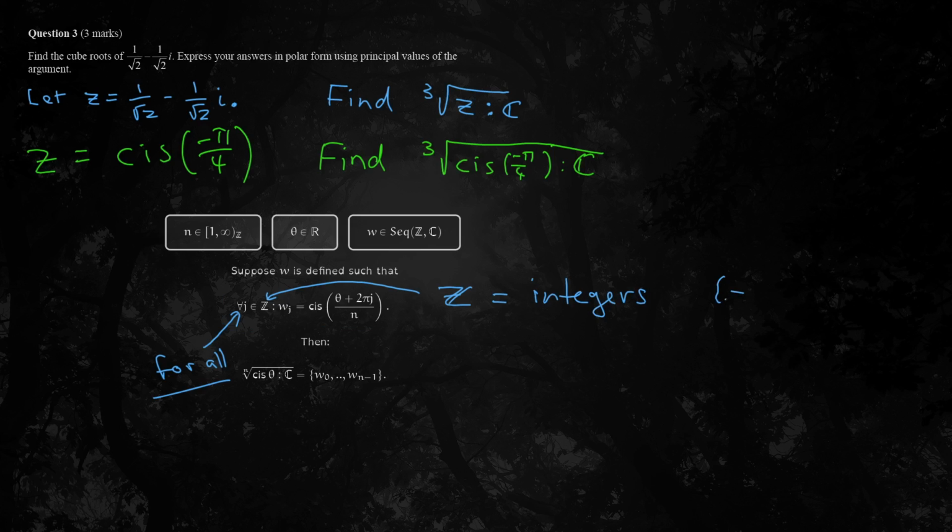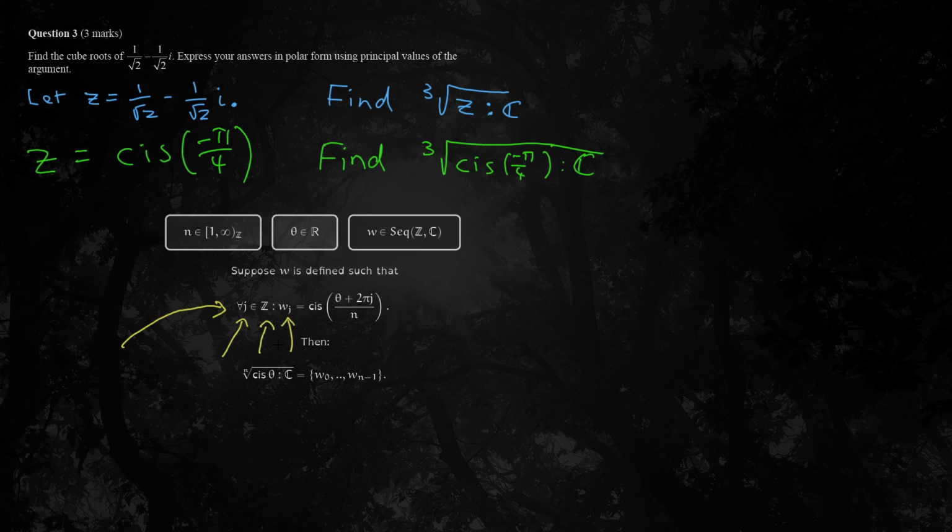So these numbers: -2, -1, 0, 1, 2, etc. So basically whole numbers, but we include the negatives. So -5 is an integer, for example. Therefore we can read this line as follows. For all j in the set of integers, w subscript j is defined to equal cis of this expression. Okay, so for all integers j, w subscript j equals this expression.